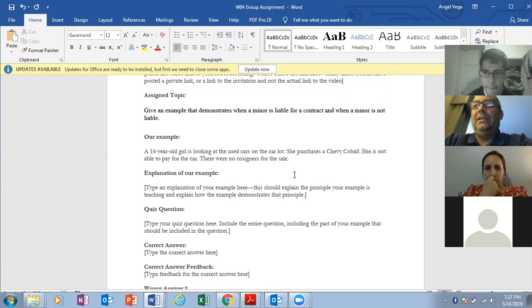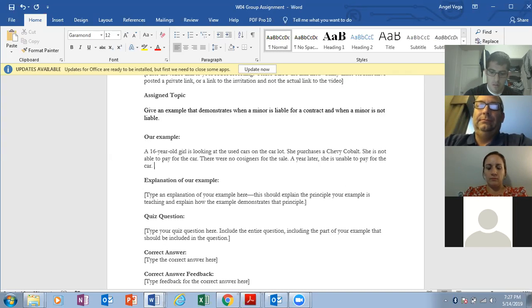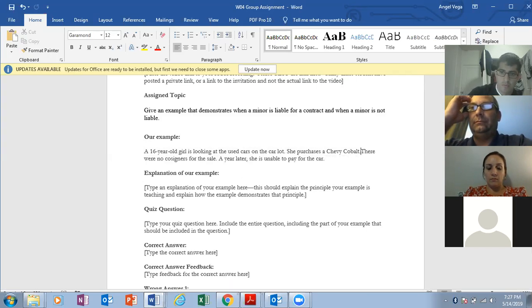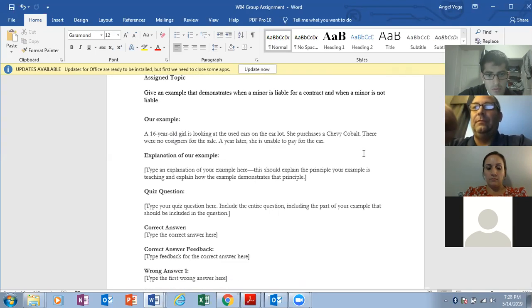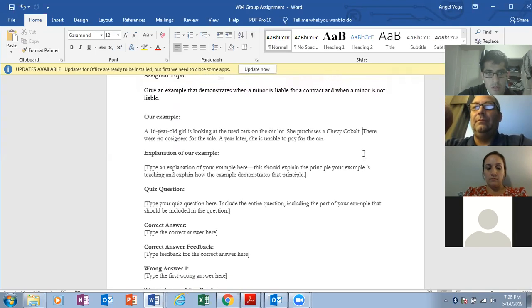I think maybe we should put like a year later she is unable to pay for the car. Yeah. There's a time period from the purchase to the time that she can't. So you'd want to erase that she's not able to pay for the car. Okay.